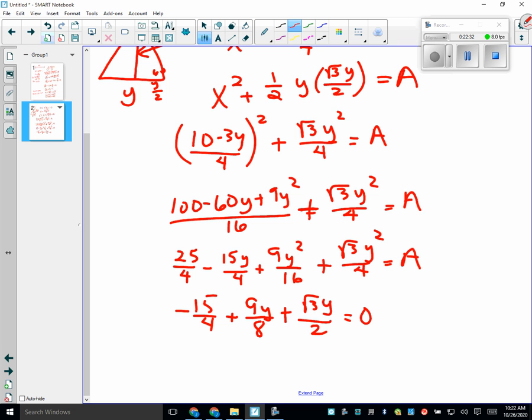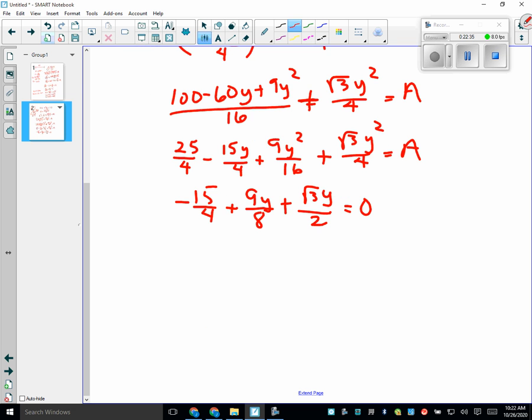Now solve for y. What should we do? 9y over 8 plus radical 3y over 2 equals 15 over 4. Multiply everything by 8, okay?